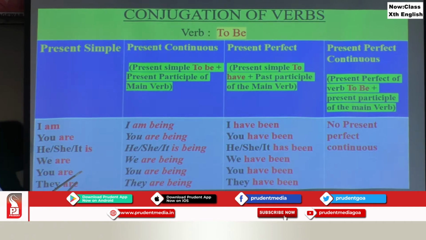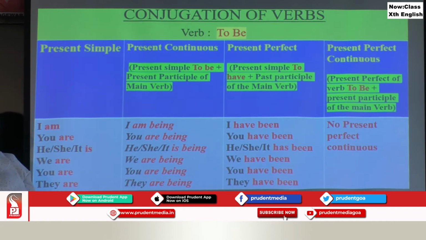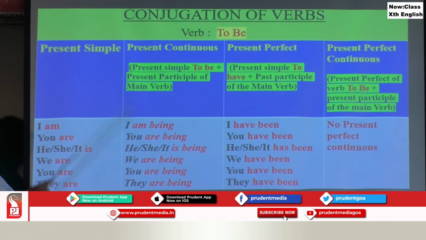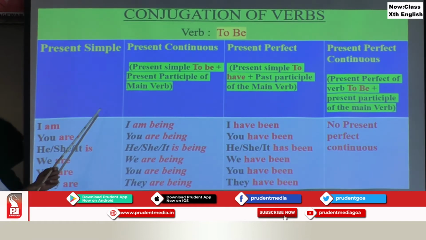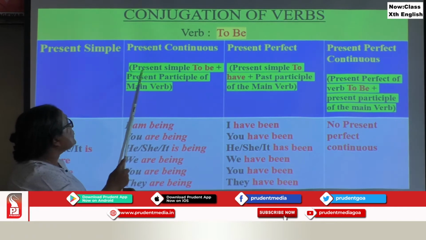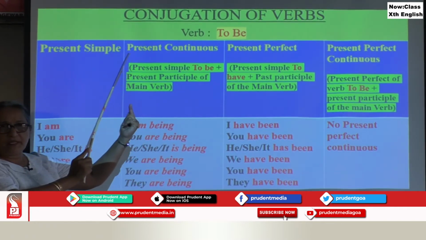Now children, before I take you to the slides of past and future, it is so simple to understand. In the case of past simple, the form will change here. In the case of past continuous, rather than putting present simple of verb to be, we will put past simple of verb to be.